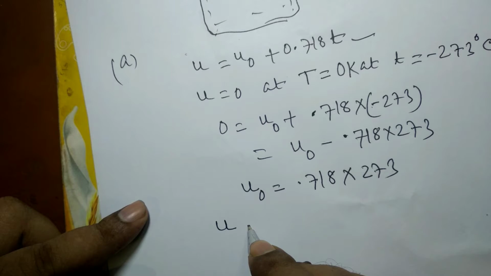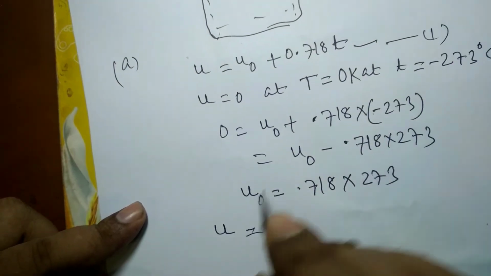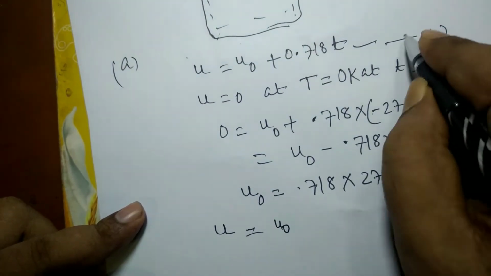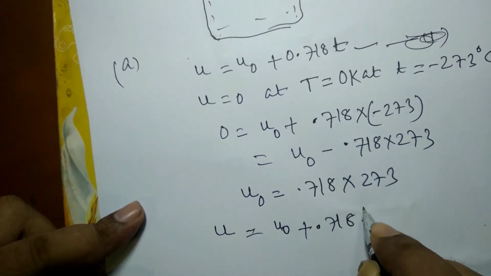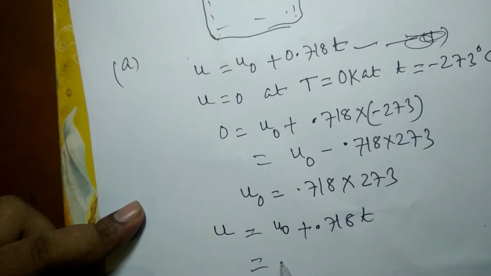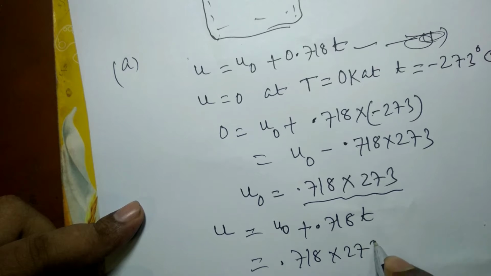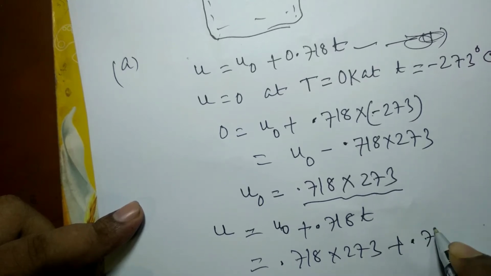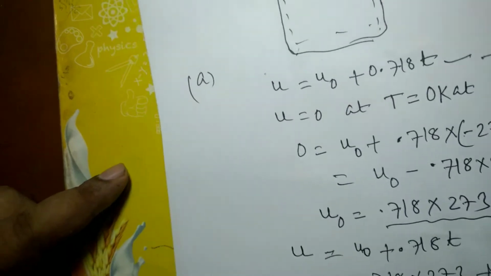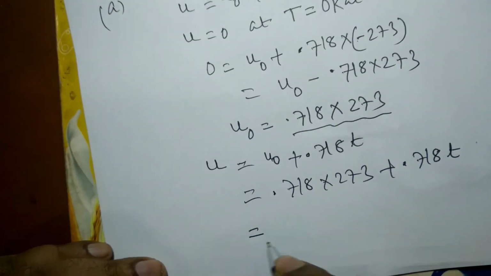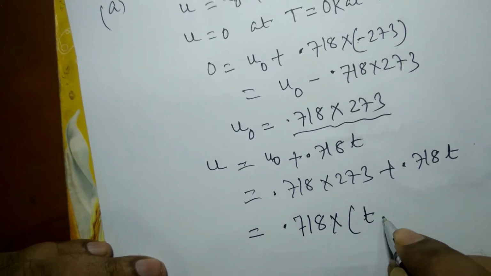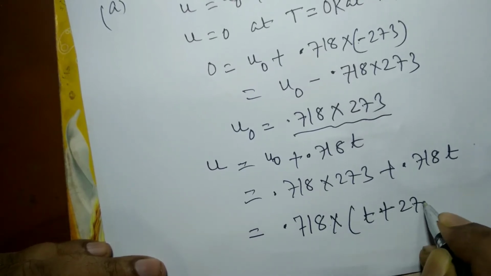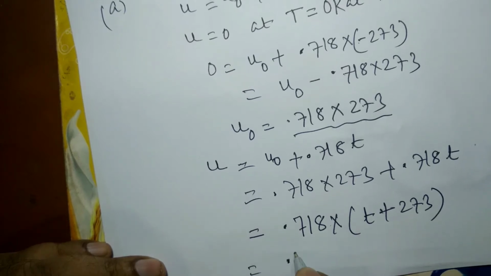Our equation is this, suppose this is equation 1: U is equal to U0 plus 0.718 t, this is given in the question. In place of U0 I will write this: 0.718 multiplied by 273 plus 0.718 t. This is equal to 0.718 multiplied by t plus 273.